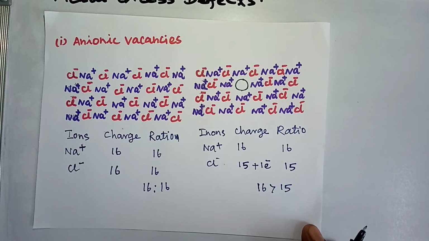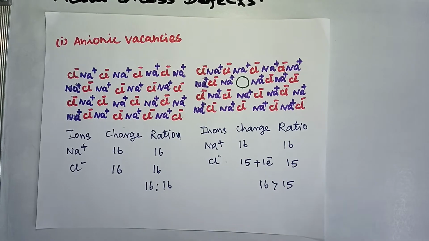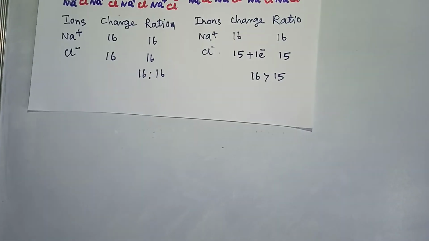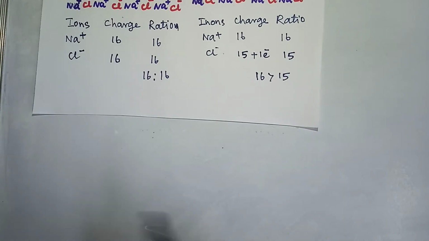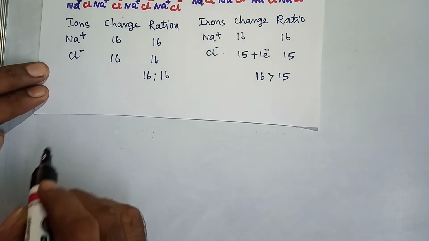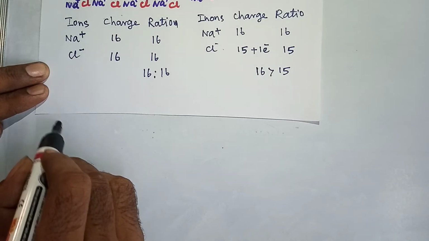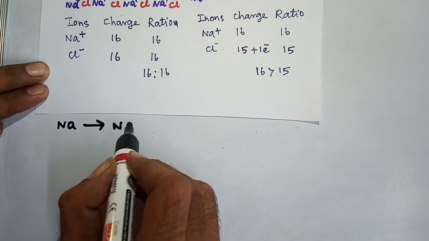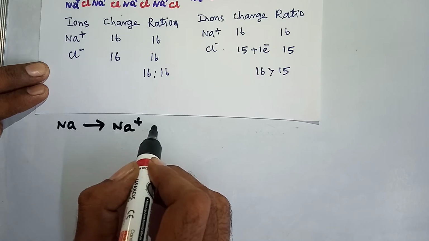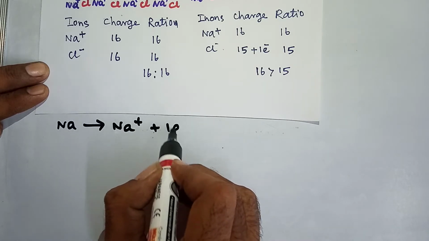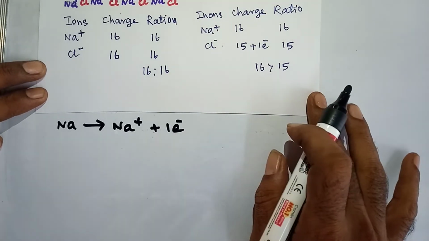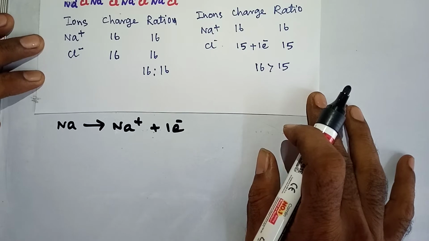So what actually happens when we heat the sodium chloride in sodium vapor? The sodium atom loses one electron, forming Na plus ions. This Na plus ion is deposited on the crystal surface.